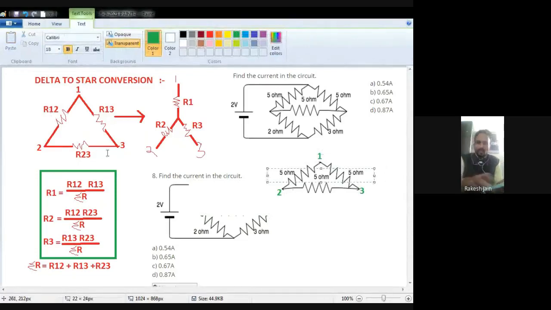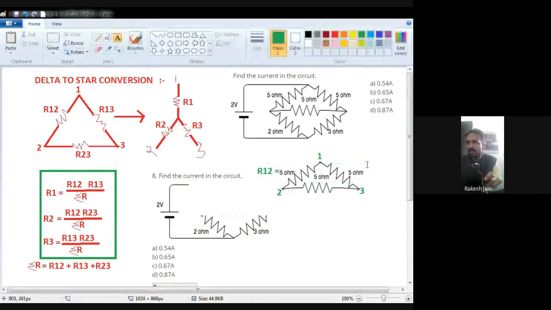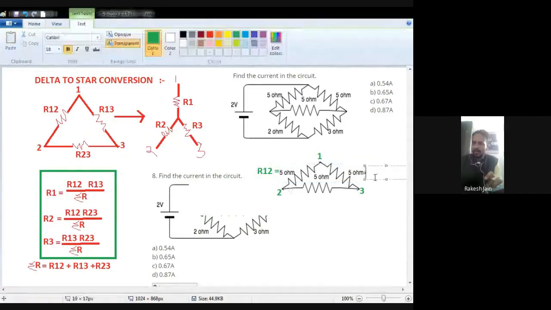This is my first node, this is my second node and this is my third node. Now this 5 ohm resistance, which one is it from R12, R13, R23? This one is R12.